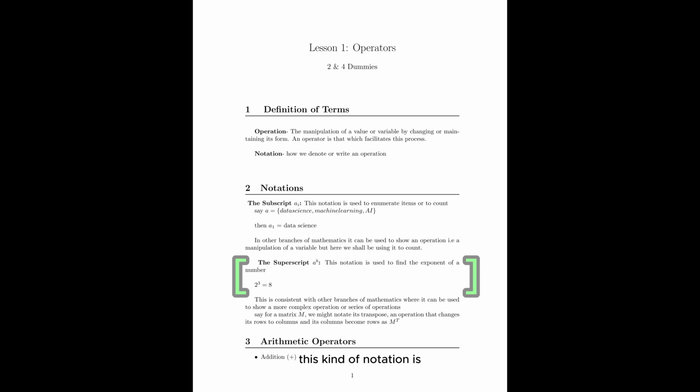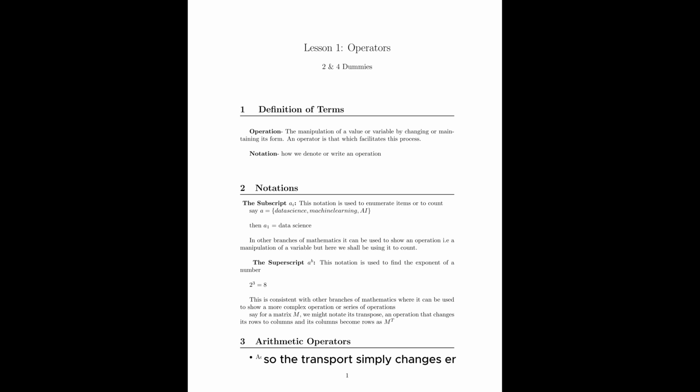This kind of notation is very consistent with other branches of mathematics, and it can be used to show more complex operations or a series of operations. We can give the example of a matrix transpose, which is denoted by M raised to capital T. The transpose simply changes the rows so they become the columns, and the columns become the rows.